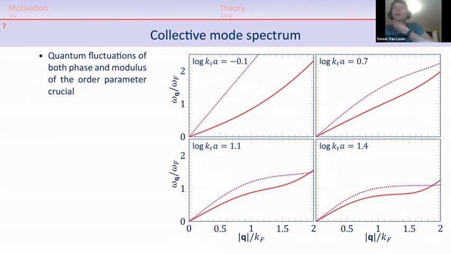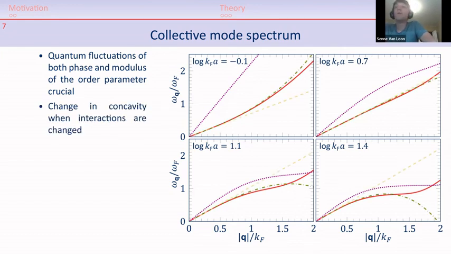And I can add a few lines now. First, again, to show that it's crucial to include also modulus fluctuations of the order parameter, because if you would try to calculate the collective mode for only phase fluctuations, you would get the magenta dotted line, which especially in the Bose regime is incorrect and can lead to some unphysical results.